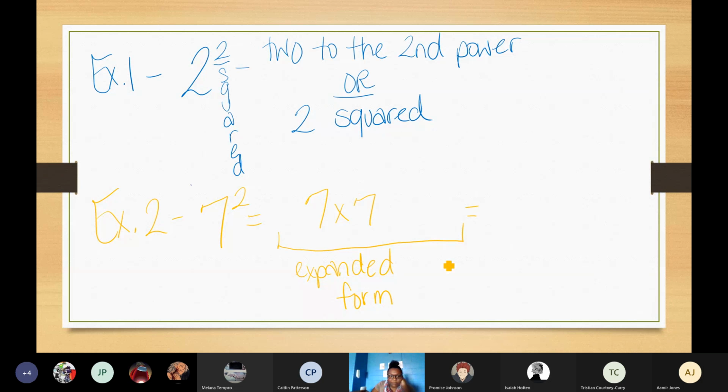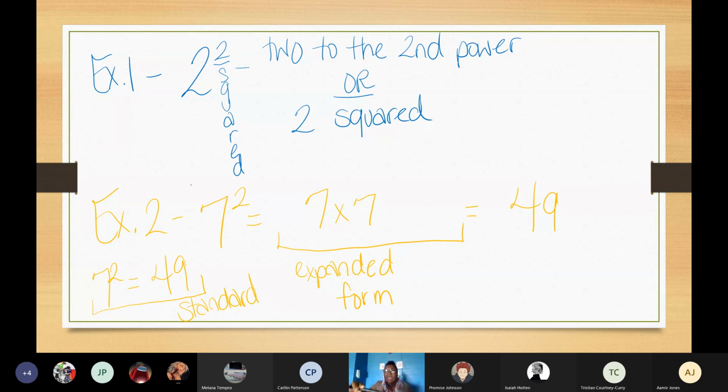Then I want you to solve this. 7 times 7 is 49. So if we wanted to write this in standard form, 7 squared equals 49, and this is standard form. There's 2 things I really want to make sure you're understanding here.